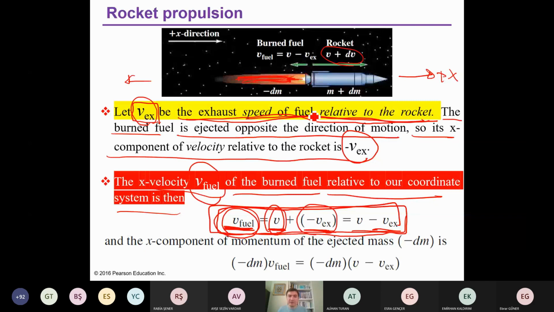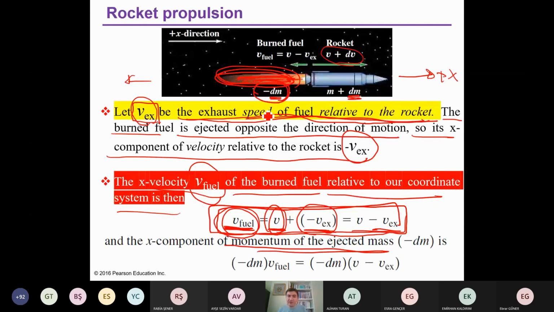Then what about the momentum of the ejected mass? The ejected mass is given here. As I told you, dm is negative, the mass of the rocket is decreasing. So the mass in the exhausted or ejected fuel increases. Since dm is negative, here I put a negative sign, so in total I have a positive mass.